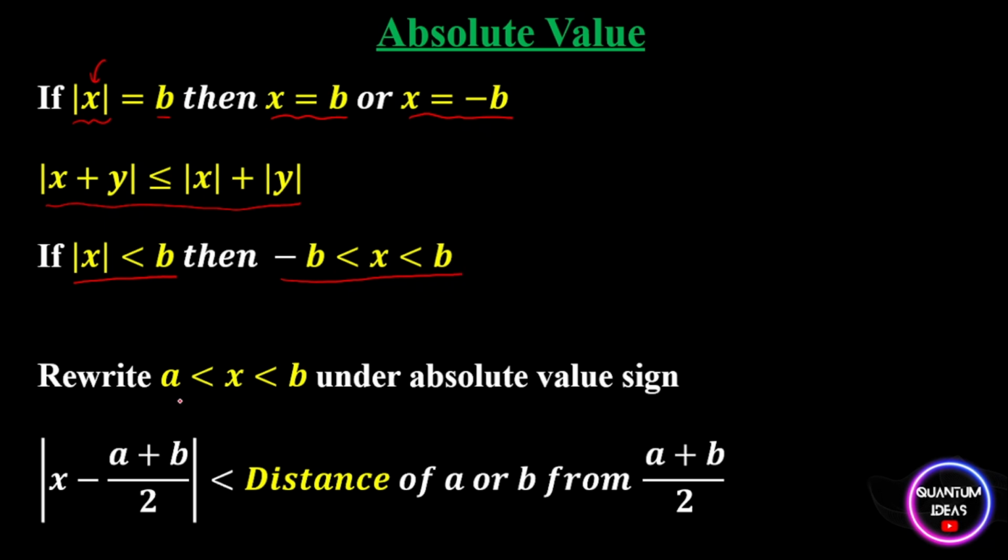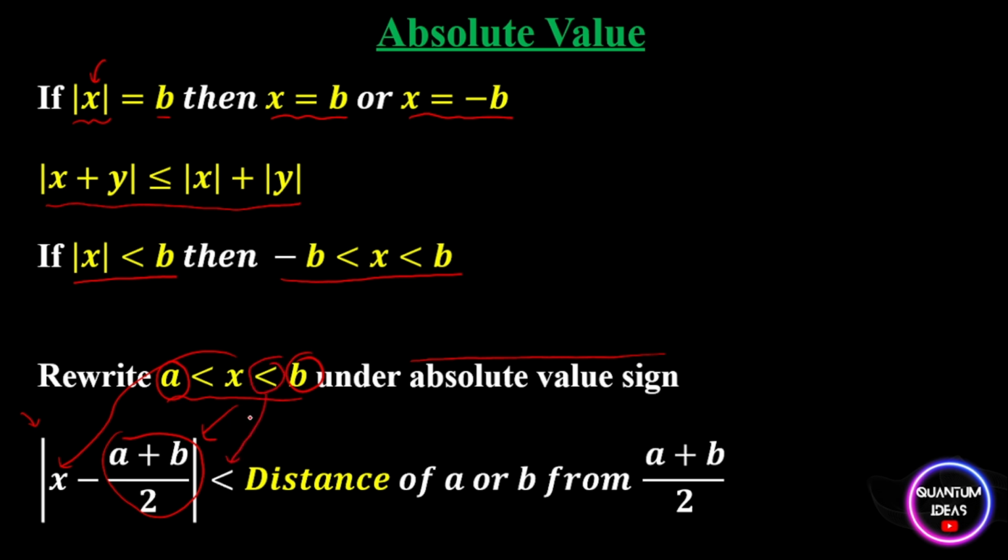So if you are given an inequality like a is less than x is less than b, we have to rewrite this in terms of the absolute value sign. What we do is we put the absolute value sign first, then we put x minus the midpoint of these two ends, that is (a plus b) over 2, and then place the less than sign.